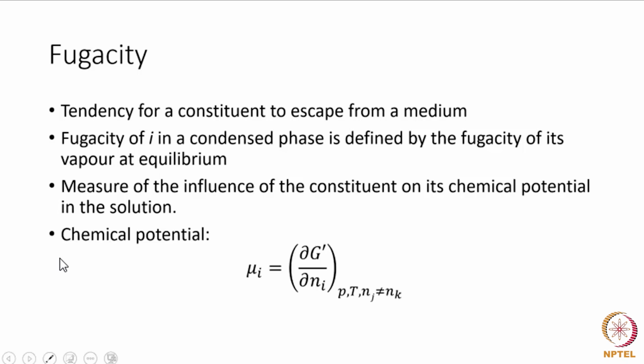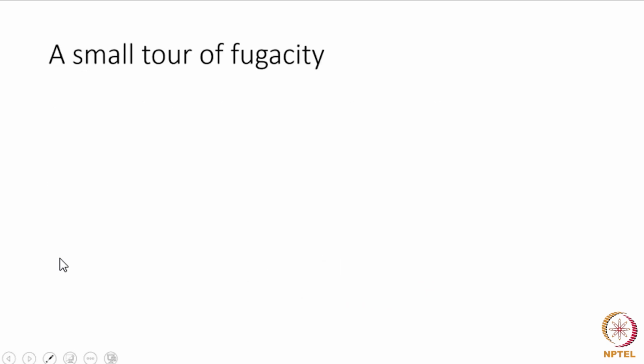And the chemical potential, as we have seen earlier, is defined here. Once more we recollect that it is defined as dou G prime by dou Ni, keeping pressure, temperature constant and all other constituent numbers of moles also constant. So here is a small tour of fugacity. Let us look at the differential of the chemical potential in terms of dT and dP, where the coefficients are minus Si and Vi.